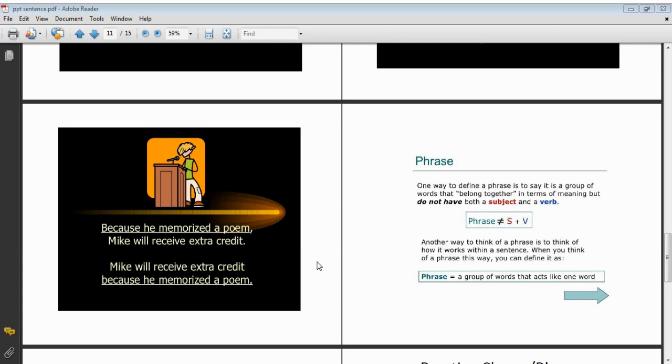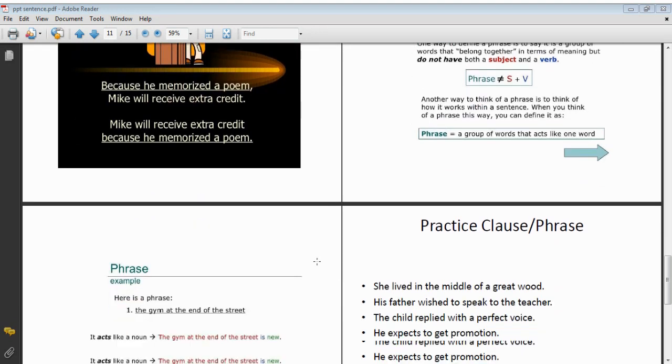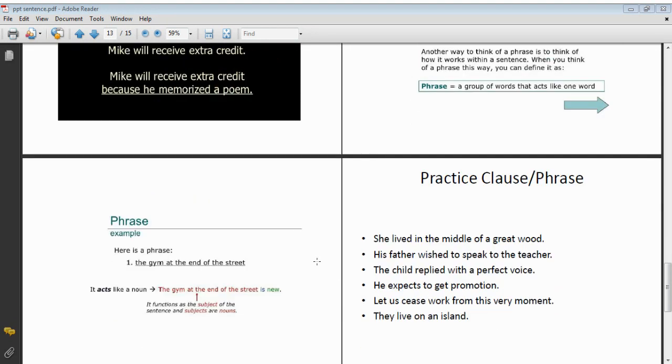It is a group of words, but it cannot act as a complete sentence because it does not give a complete meaning. Suppose in the example, the gym at the end of the street, if just this group of words is written somewhere, it is not giving any meaning at all. It doesn't make any sense at all. So this is the reason that this is a phrase.